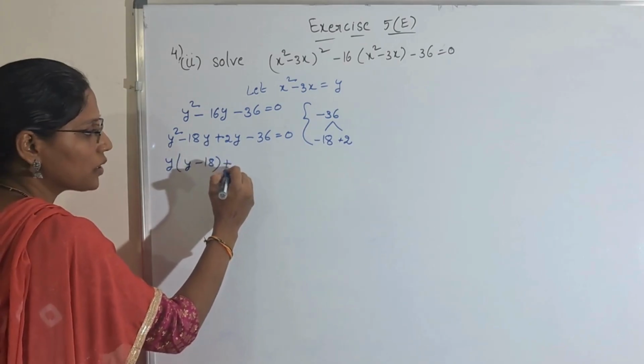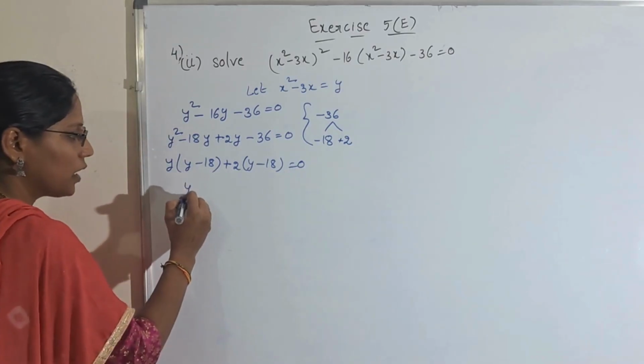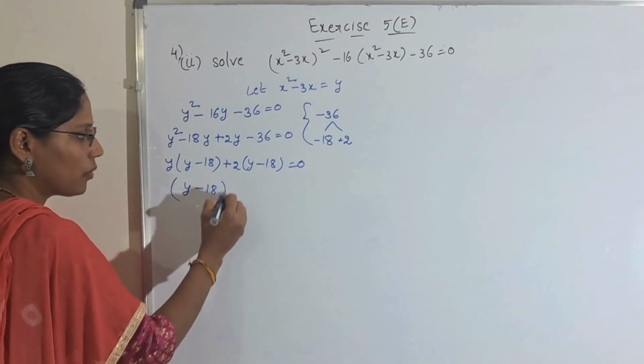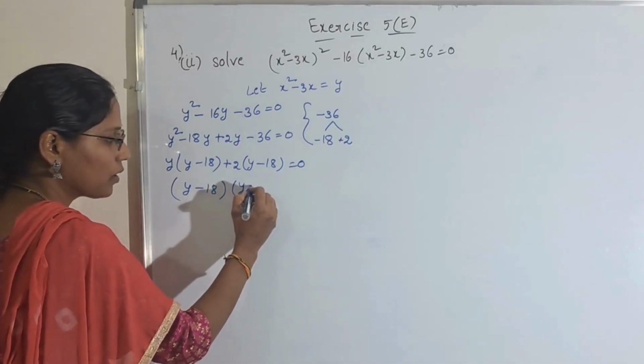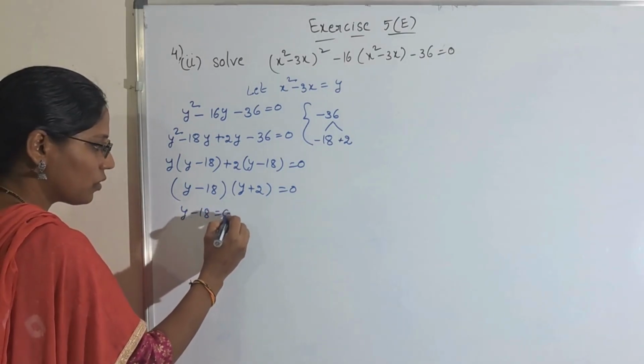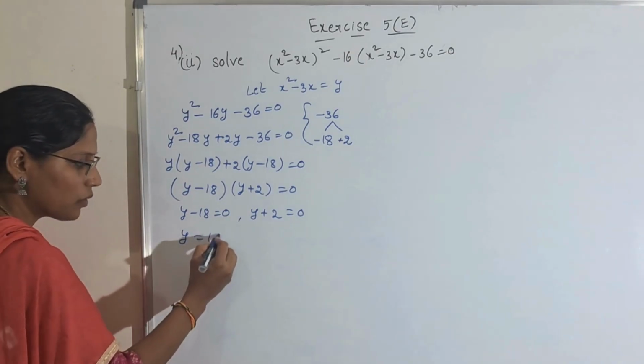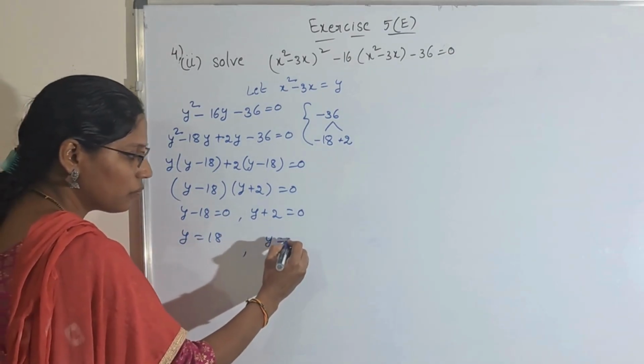Next two terms, plus 2 is the common, y minus 18 equal to 0. Again y minus 18 is the common, remaining y plus 2 equal to 0. So y minus 18 equal to 0, y plus 2 equal to 0. y is equal to 18, y is equal to minus 2.